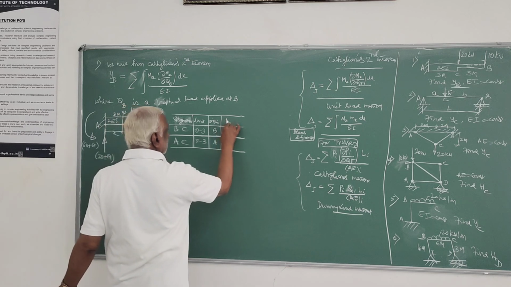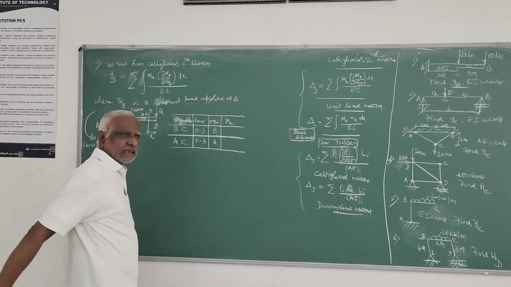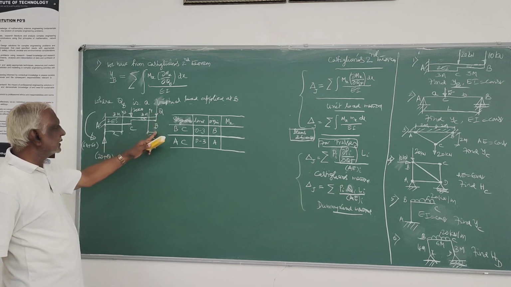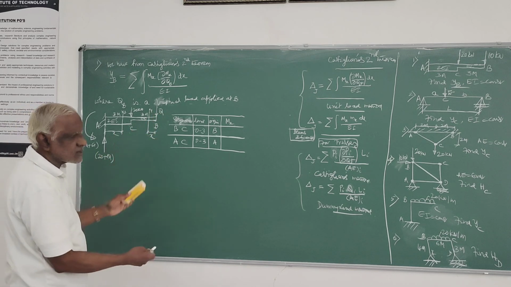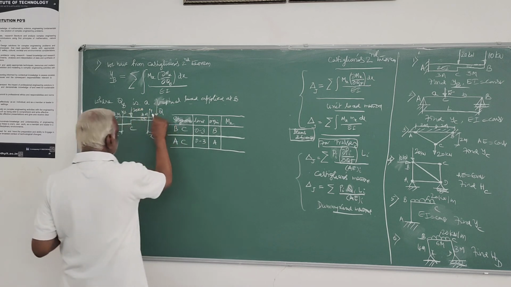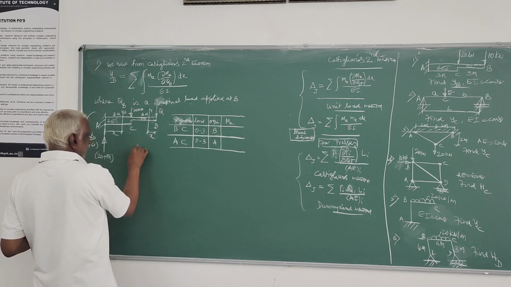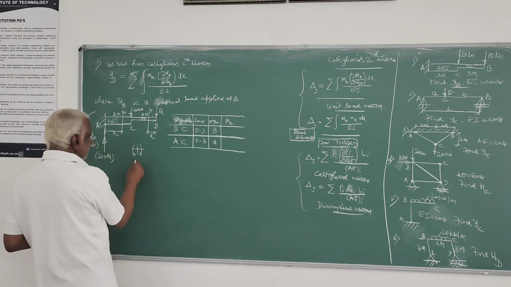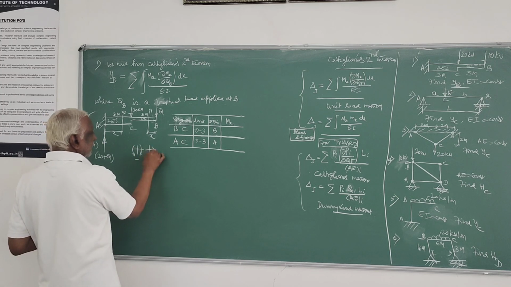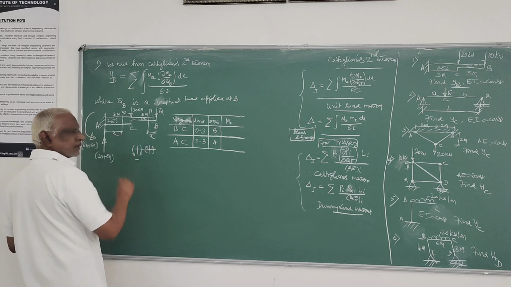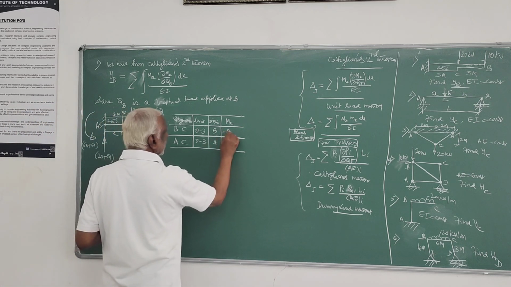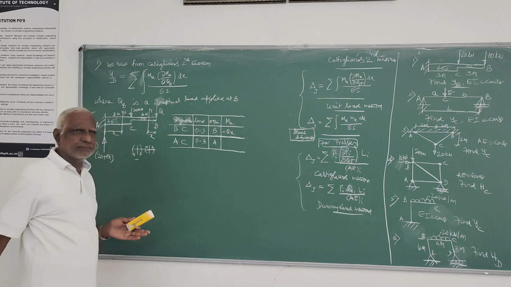Then I will find out the moment Mx. Here Mx1, so what is the moment? It is just Q into x. Yes, it is hogging. As per our notation, hogging moment on either side is negative, and sagging moment is positive. So here this will be minus Qx.